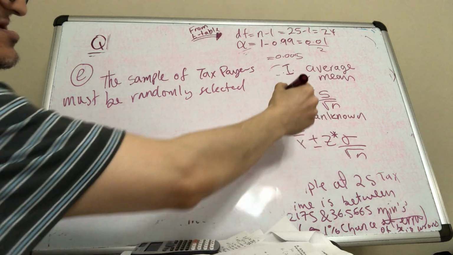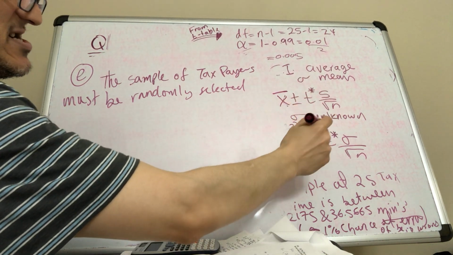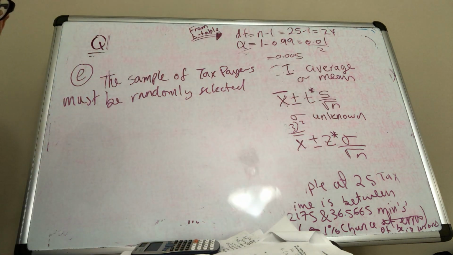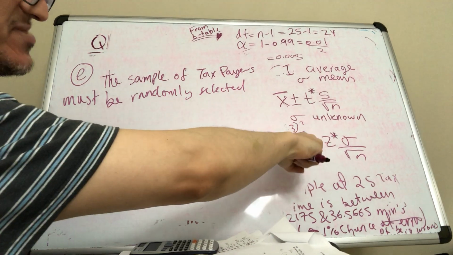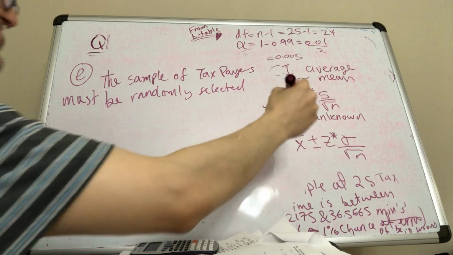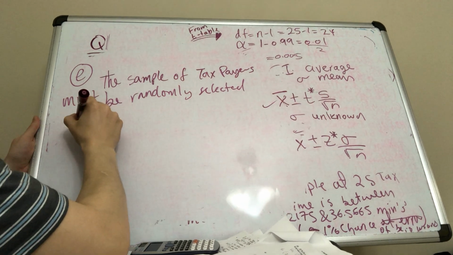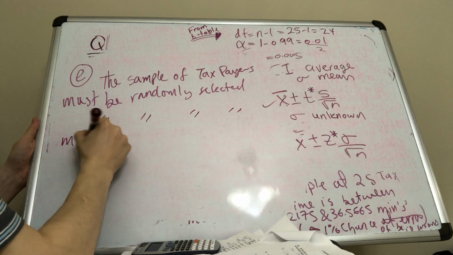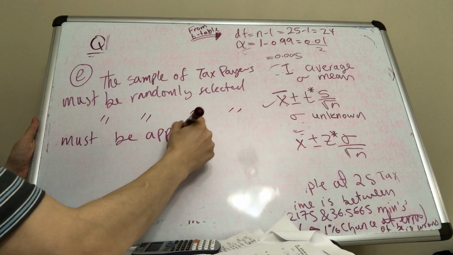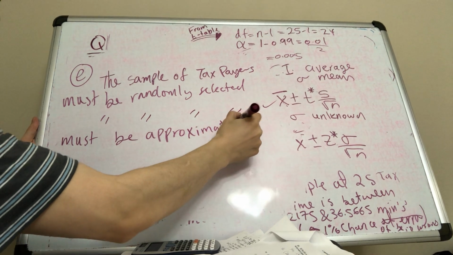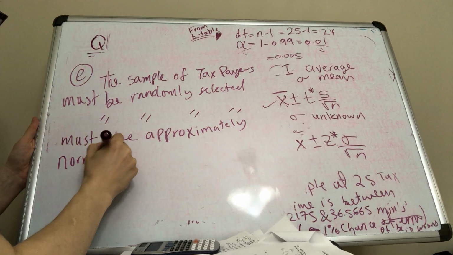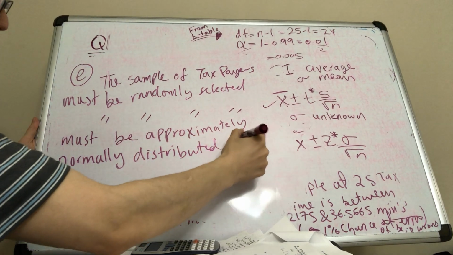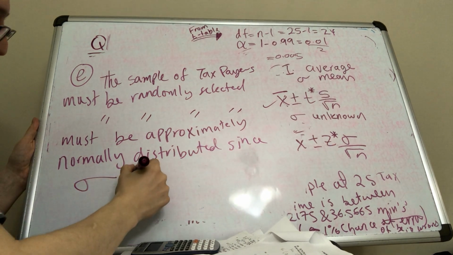The second one, do you remember, did we use the T star confidence interval or did we use the Z star? We used the T star. In this case, you have to say the sample of taxpayers must be approximately normally distributed since sigma is unknown.